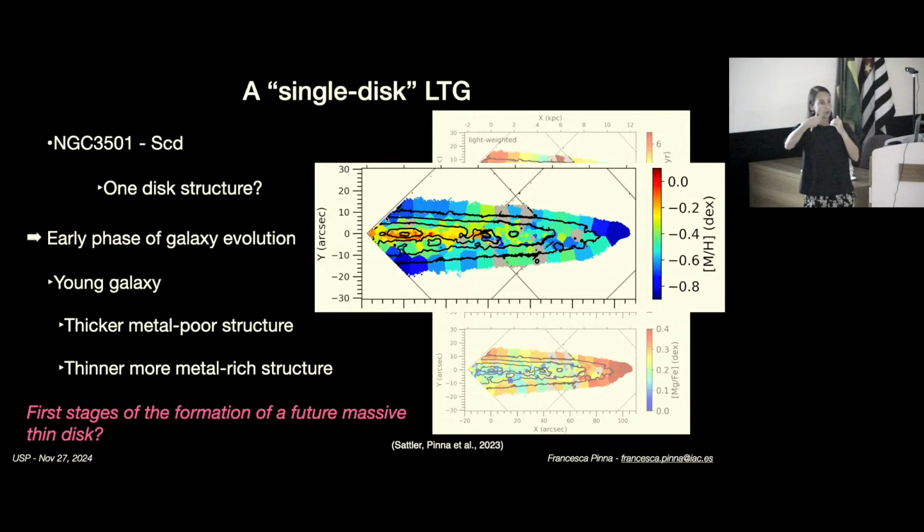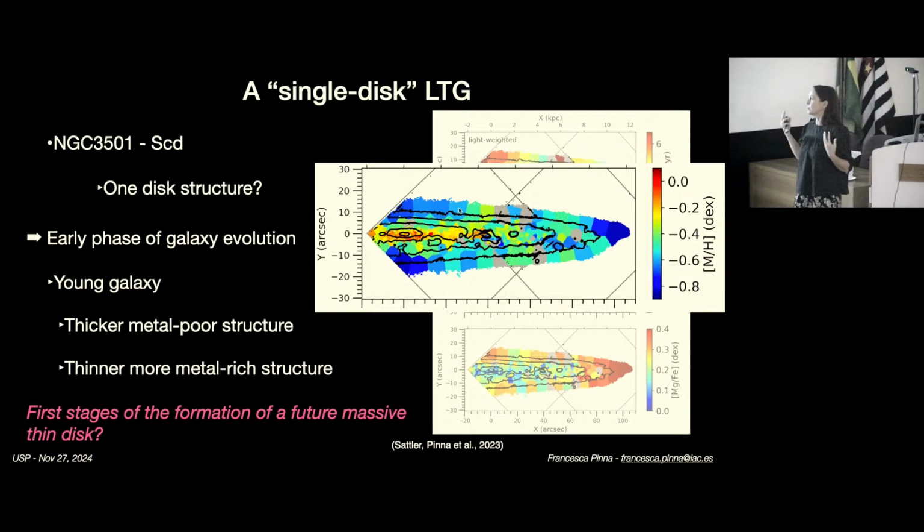So this is probably a thin disk in the first stages of formation. We don't know if in the future we will keep growing this thin disk in an inside-out way, and therefore have a massive thin disk. But in any case, we do have here a thinner metal-rich rotating structure, formed in the inner region of the galaxy.